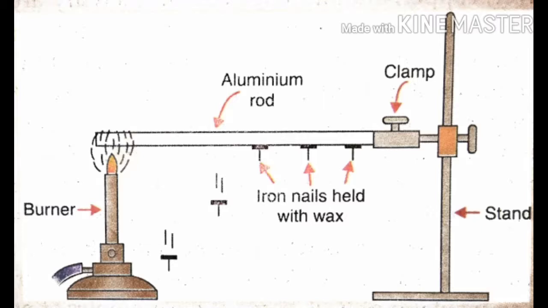As heat travels from the left side to the right side along the rod, it melts the wax which holds the nails. Due to this, the nails fall down one by one. From this activity, we conclude that heat is transferred from the hot end of the aluminium rod to its colder end by the process of conduction.